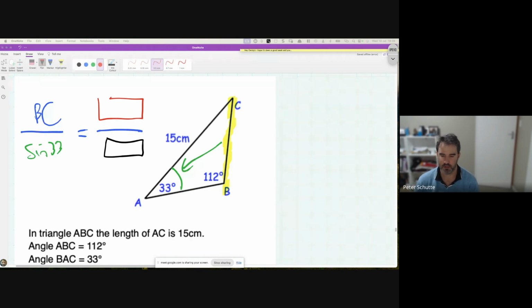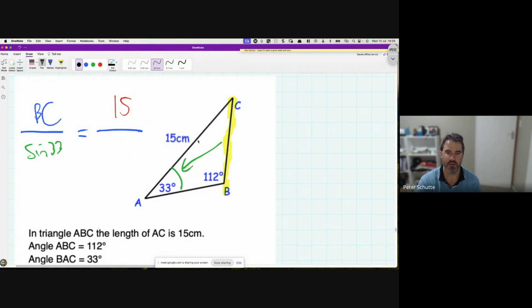What do you think is going to go in the red block? It has to be the other side that you are given. Yeah. So we'll go 15. And then we say, well, what is opposite 15? It's 112. Okay, now what you need to work out for me is what is the length of BC?